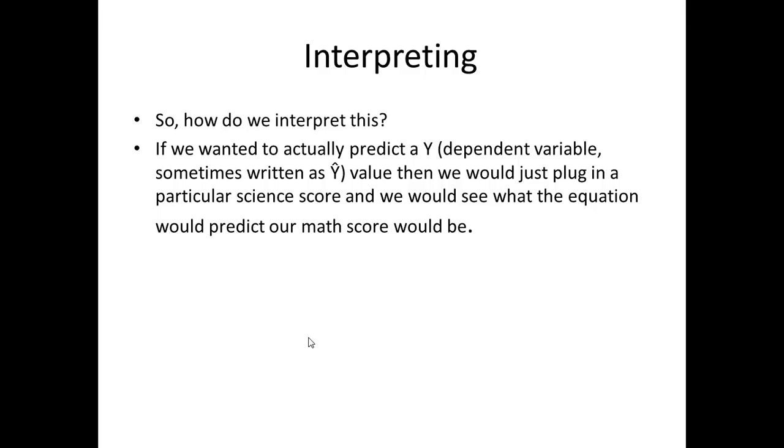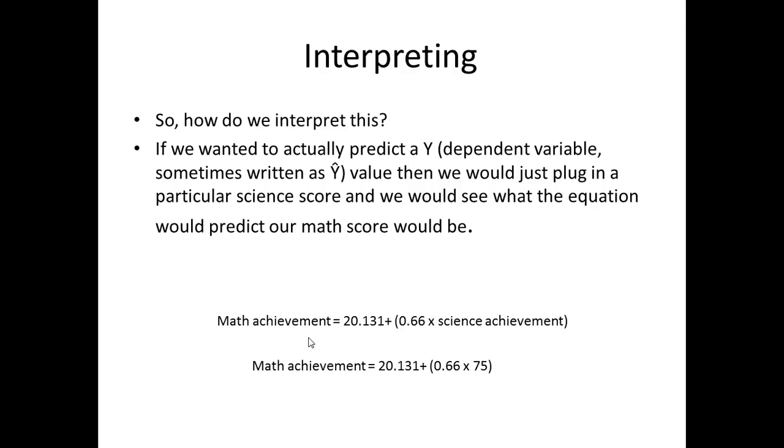If we wanted to actually predict the y or dependent variable, we plug in a particular science score and see what the equation would predict our math score would be. Let's say that a student scores 75 on a science test. We would predict that their math score would be a 69.6.